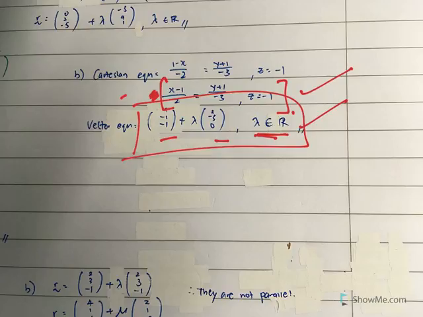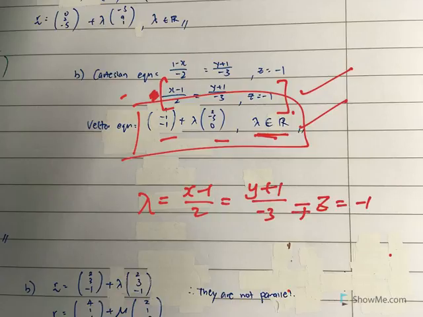People find the Cartesian equation and write lambda equals x minus 1 over 2 equals y plus 1 over negative 3, then z equals negative 1. Some people put an equal sign there. No need, that is already wrong. We must put a comma. Some people leave the lambda equals there. No need, just take it away. This is the answer. Don't put lambda equals.